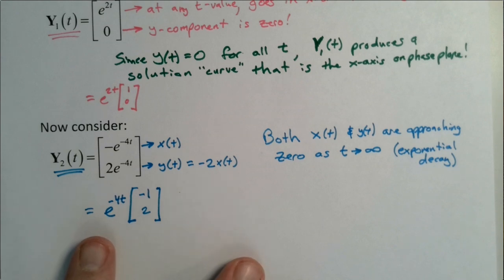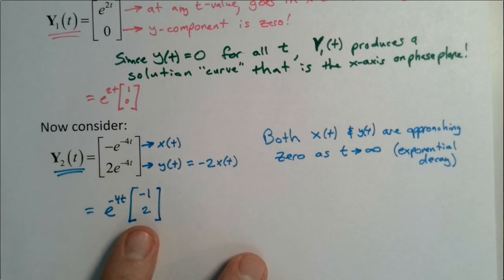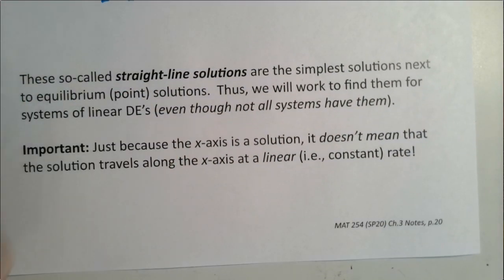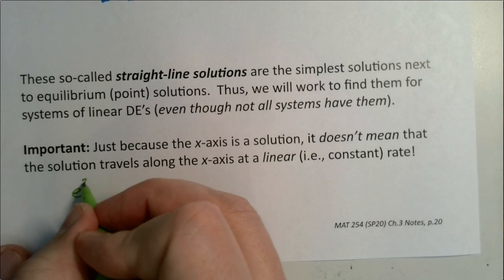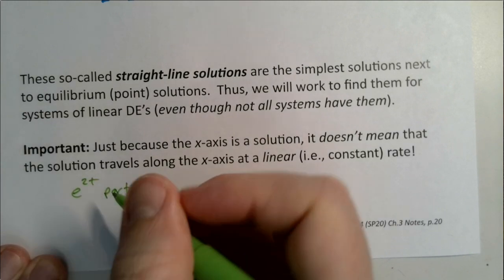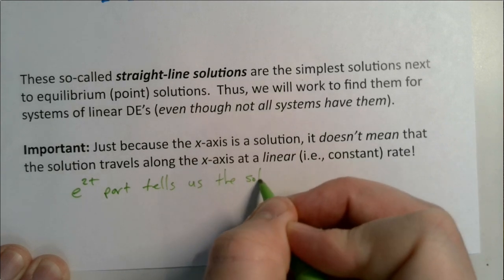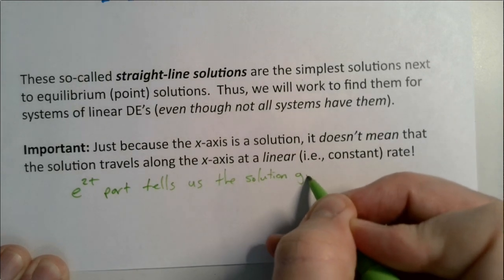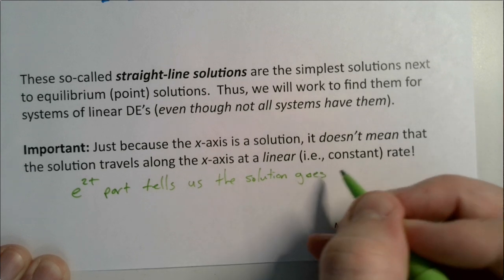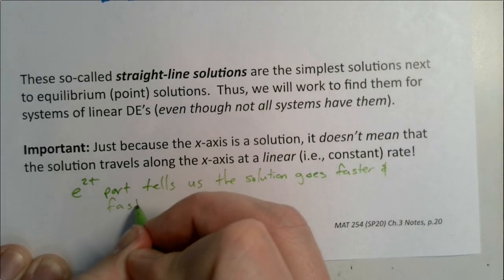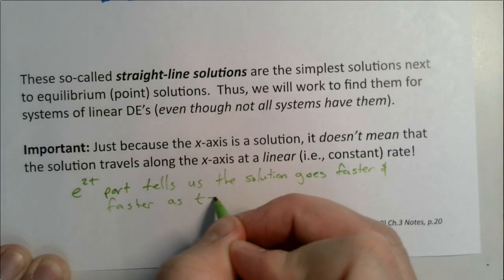So this is where we get into that parametric nature of these equations. Time is the independent variable, and this is telling us what direction on the phase plane it's going. So you'll notice down at the bottom, I'm just going to write this in here, the e to the 2t part tells us the solution goes faster and faster as t approaches infinity.